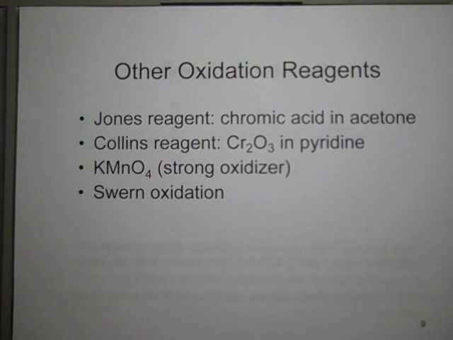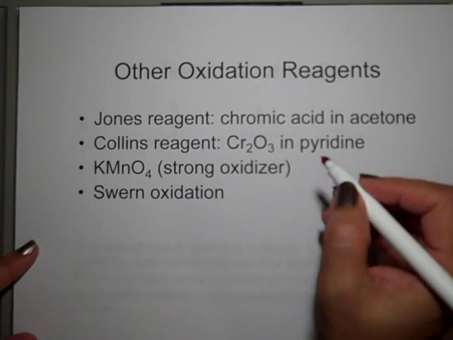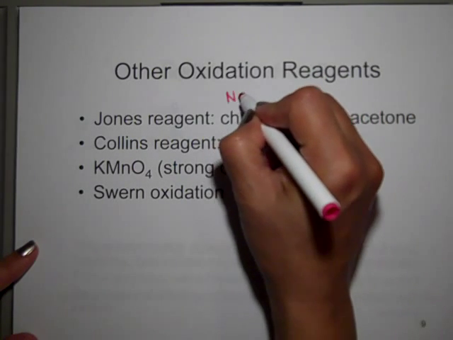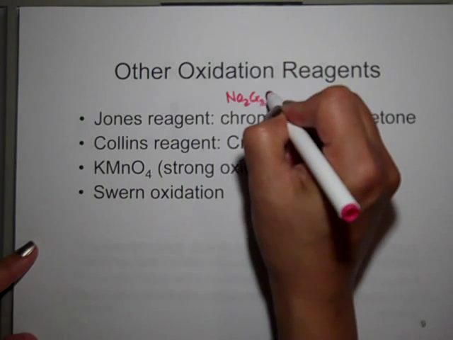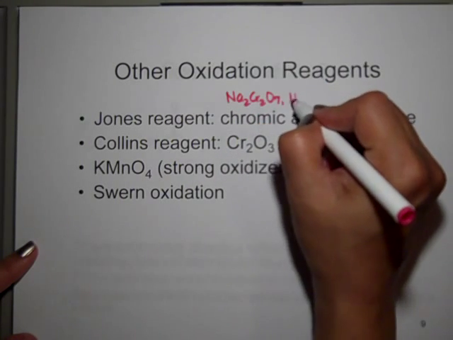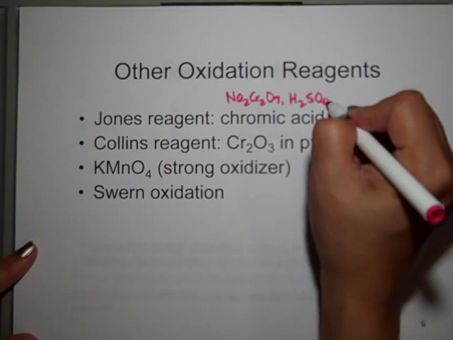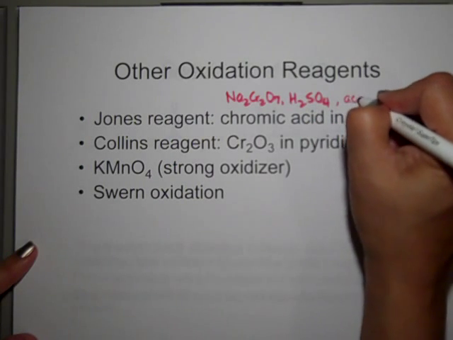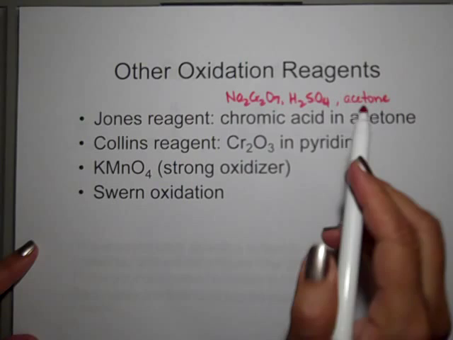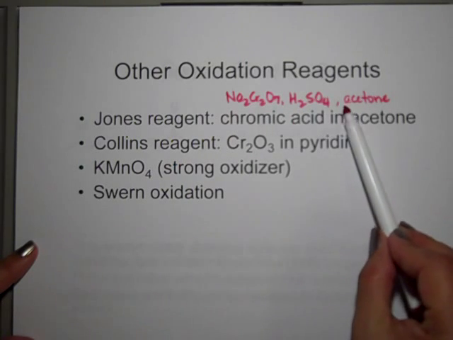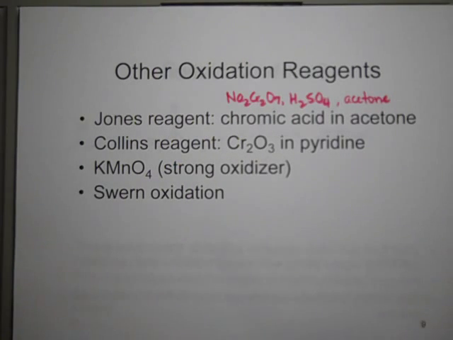There are many other reagents around. For example, the Jones reagent. The Jones reagent is when you just combine the dichromate with sulfuric acid, and then your alcohol, you put it in acetone. So basically, it's the oxidation reaction with acetone as the solvent.